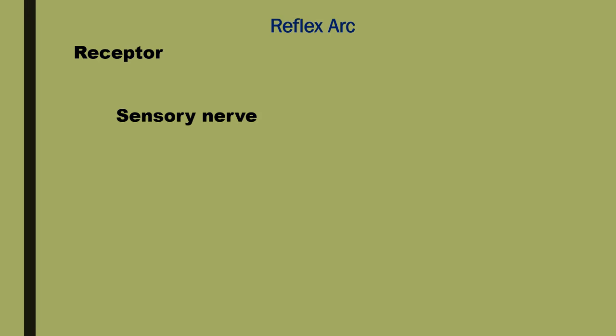Sensory nerve that carries the signals from the receptors to the spinal cord. Spinal cord relays the signals to the motor nerve. Motor nerve that controls the effector by bringing signals to the effectors. Effectors finally are the muscles that show the appropriate response.